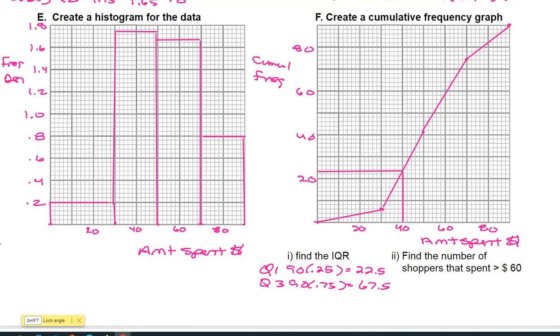And that looks like that's going to be either 40 or 41, depending on how you did it. So we're going to say Q1. Okay, it's going to be pretty close to 40.